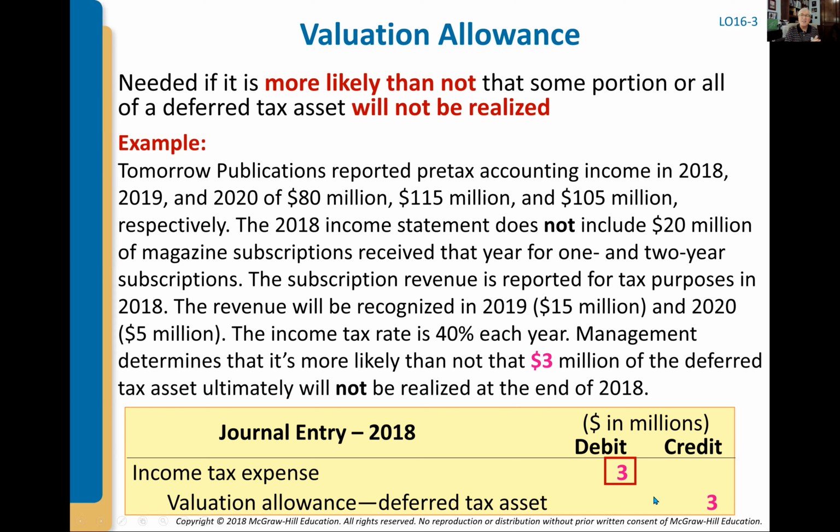I realize, wow, I don't need all that valuation allowance I thought I needed last year, and I debit the valuation allowance, then I would credit income tax expense. So a dollar for dollar change in the income tax expense. You think that gets a lot of attention by the auditors in public companies and by people like me, chief accounting officer? Yes, that valuation allowance really, really matters.